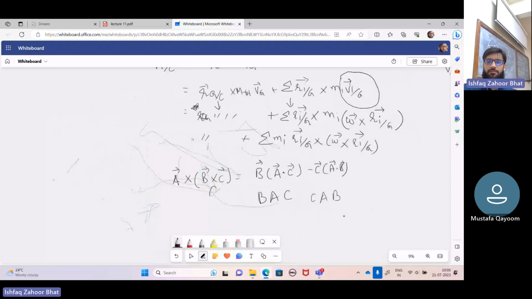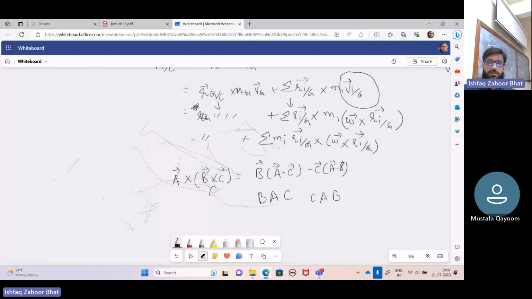So this is back cap. What is A cross B cross C? It is back cap. You have to just remember that the first one is the vector, that is B is a vector and C is a vector, and the last two you have to dot product. Sir, it is B cross A dot C?